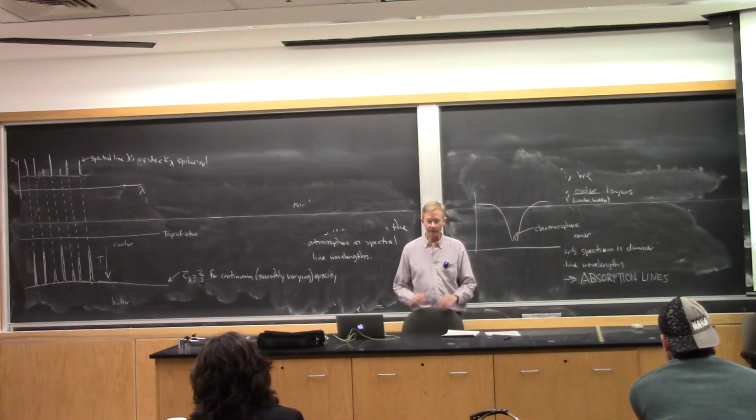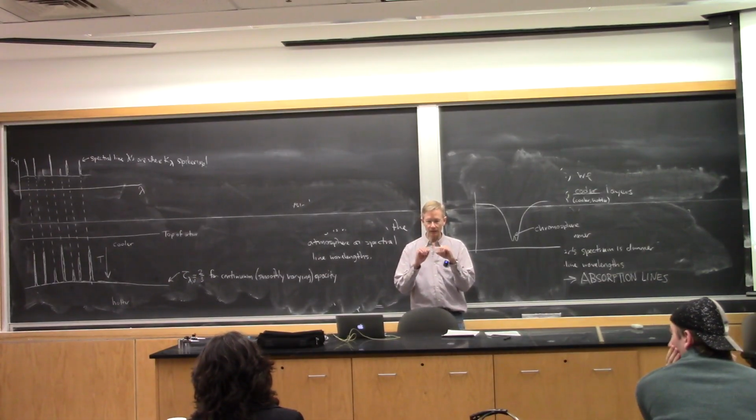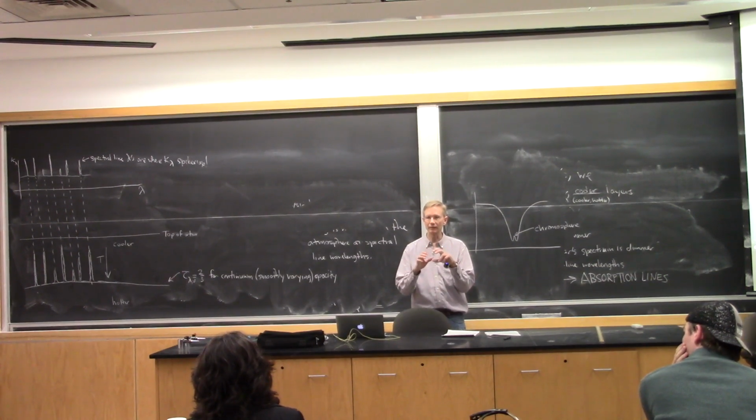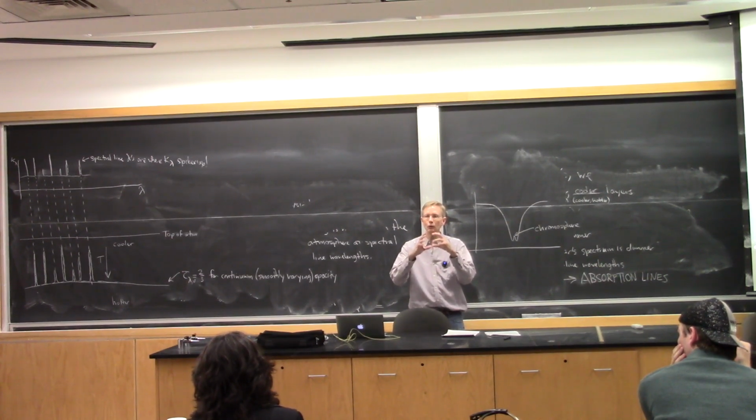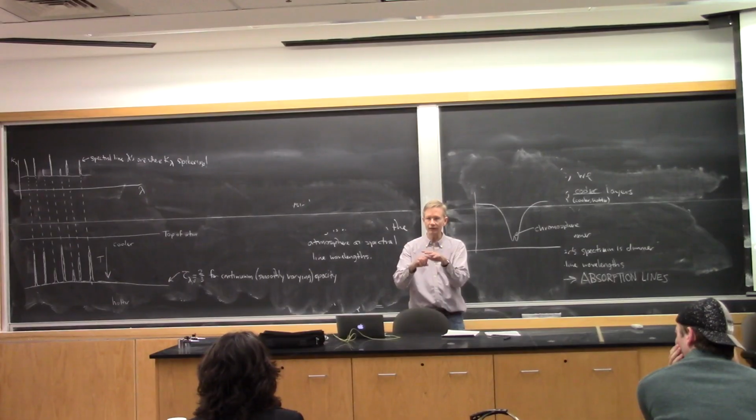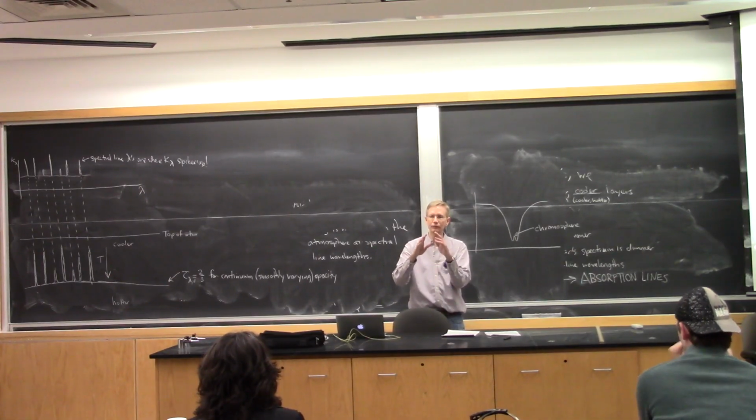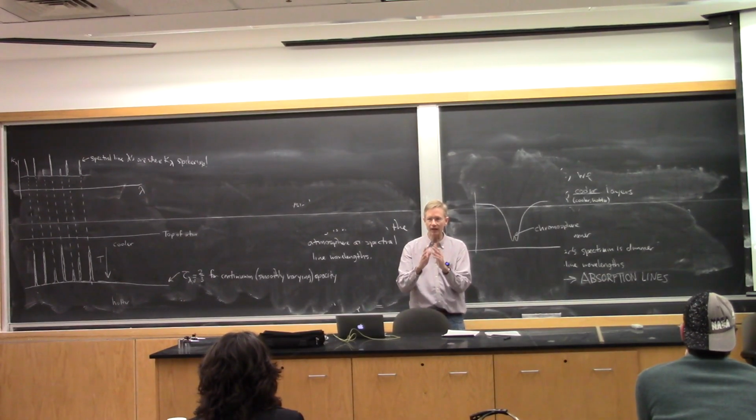It's that the hydrogen, the photons coming from the photosphere will interact in the chromosphere before they can just escape into space. So it's the chromospheric gas itself that is preventing those photospheric photons at that wavelength from getting directly to us.